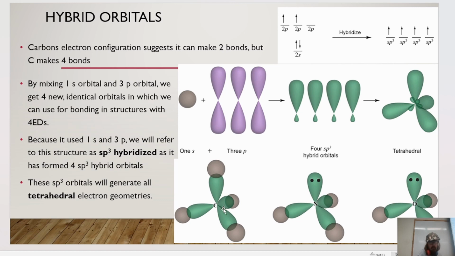So CH4, that's sp3. NH3, where it has 1 lone pair, that's sp3. H2O, that's sp3. Because it has 4 electron domains, it has to be sp3. Now, they could have a different molecular shape, but they all adopt the tetrahedral electron shape, and that's because they all have sp3.